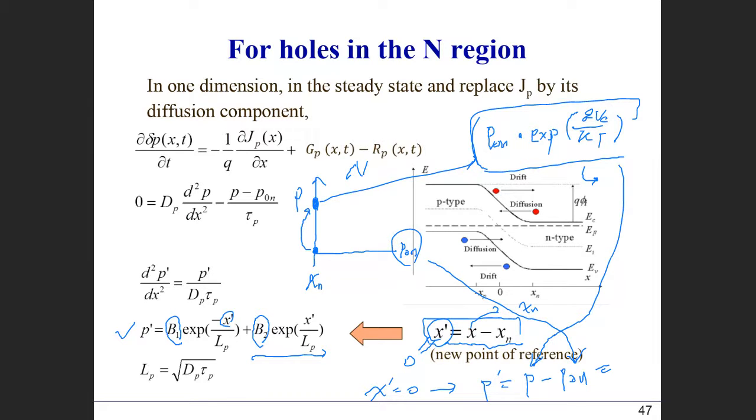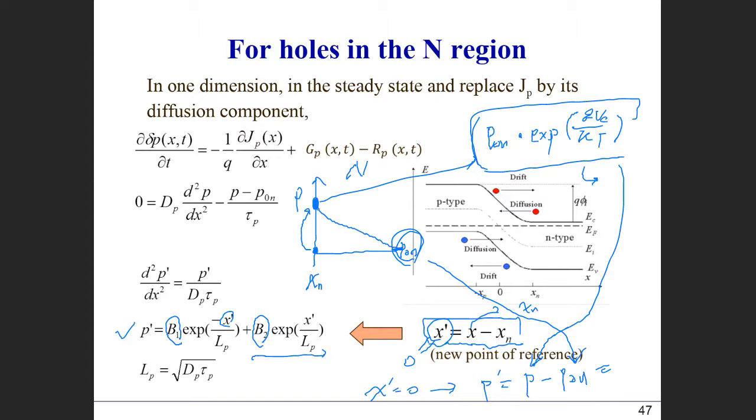Now, the second boundary condition is this: when the holes are injected to the N side and move inside the bulk of this N region, the hole concentration is going to decrease, and eventually reach the thermal equilibrium value.